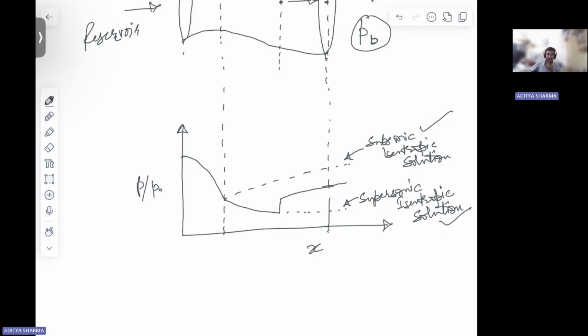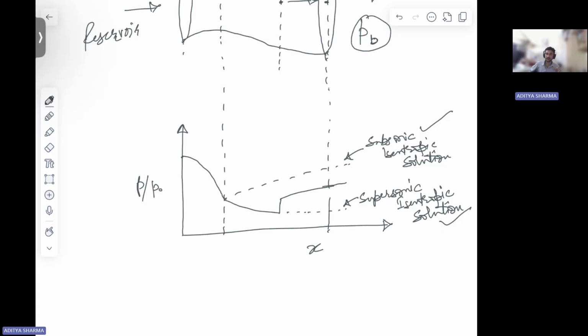Now your flow first starts from the entry. It accelerates, and the throat gets choked. At the throat, you have sonic flow. Now the back pressure is such that your flow can further expand from the throat.